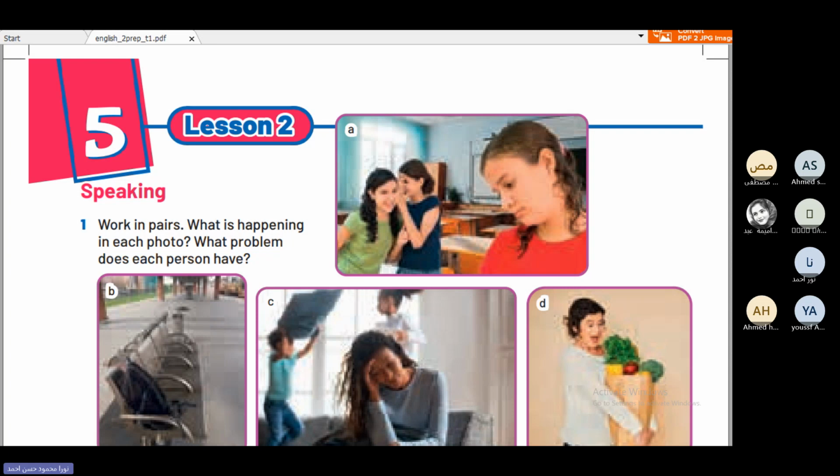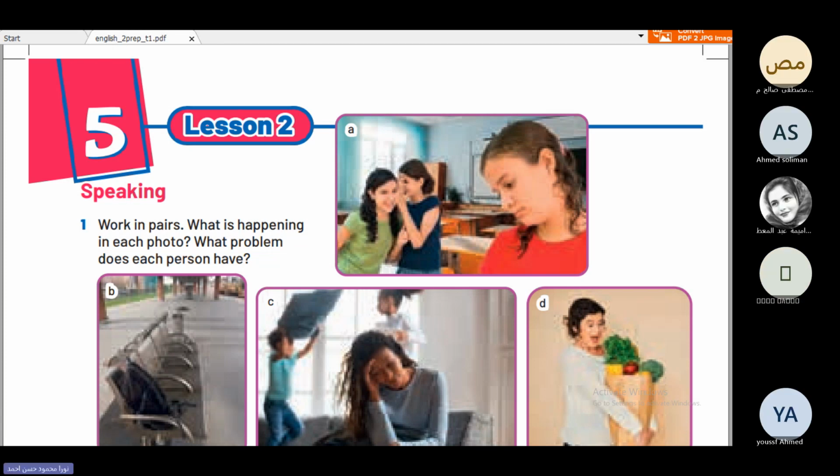Someone should look inside the bag to find his name and address, or they should run after him and give the bag back to him. The woman looks really tired. I think someone in her family should make her a cup of tea and she should have a rest. They should take the children outside and play with them. She shouldn't carry all those things. Someone should carry some of the things for her.